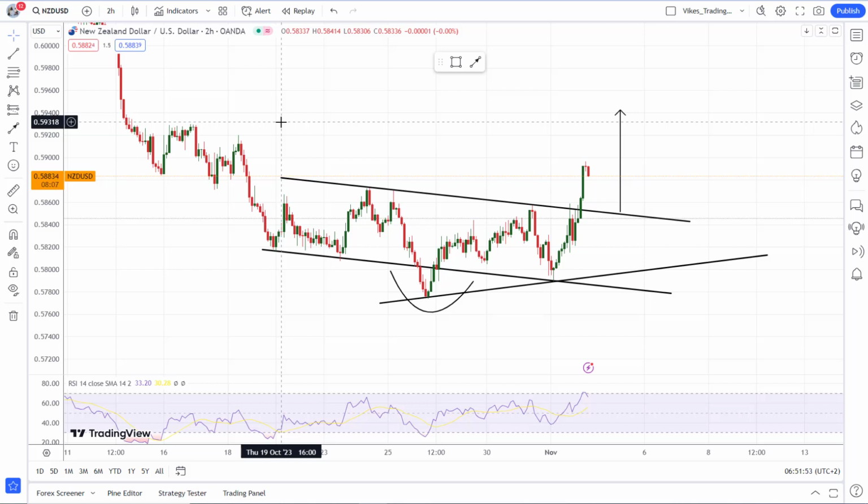So remember, EURNZD moves inversely proportional to NZDUSD, meaning that when EURNZD is bullish, NZDUSD is bearish. Remember that.